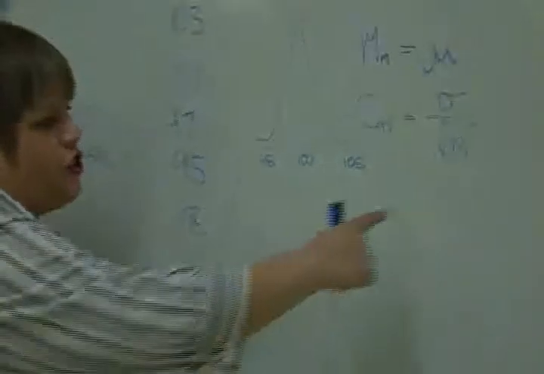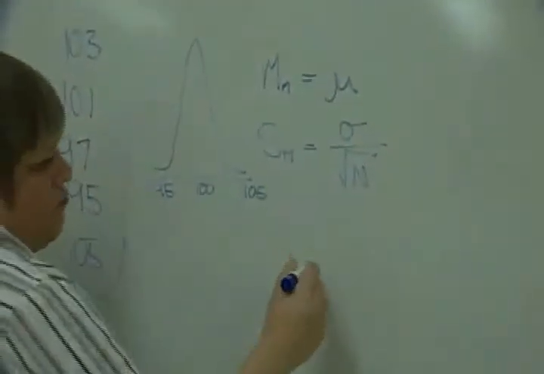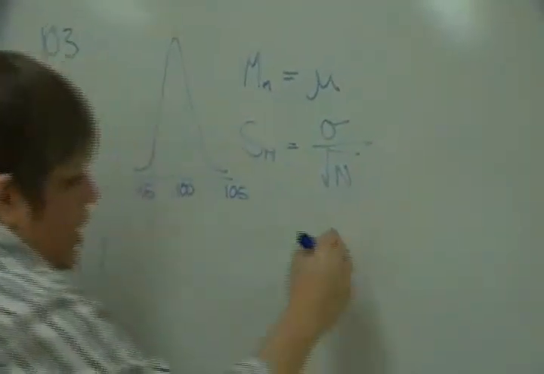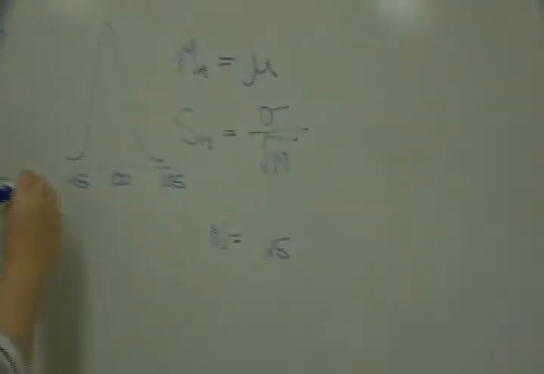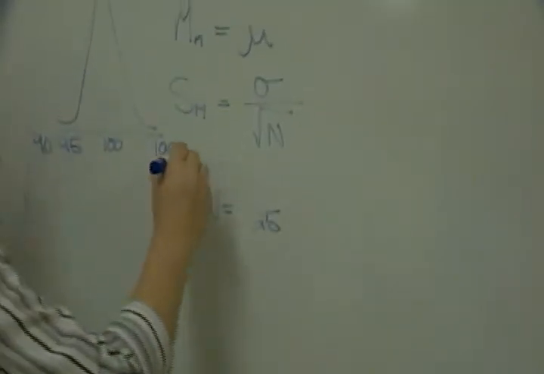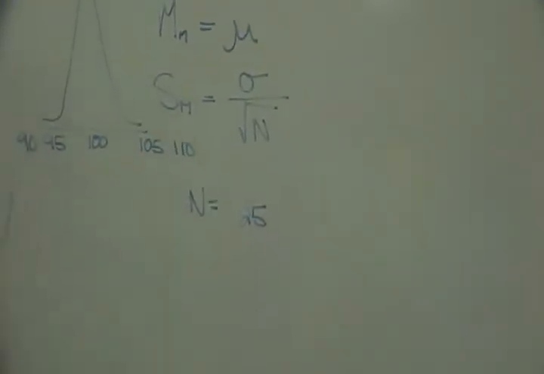So if my n is just 25, then I might have a sample with an IQ of 90, or I might have a sample with an IQ of 110, okay? Because my sample's pretty small.